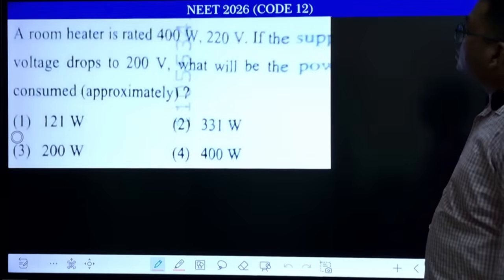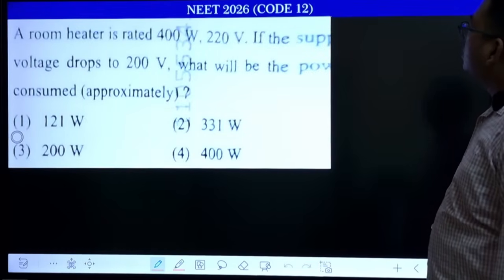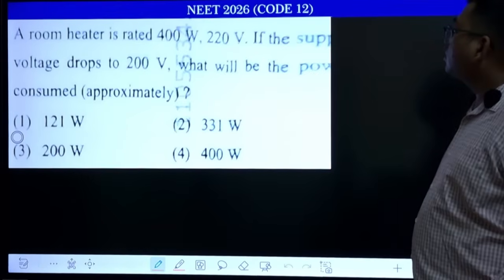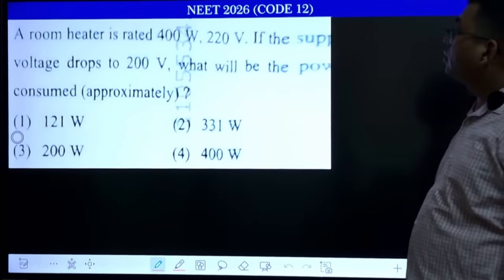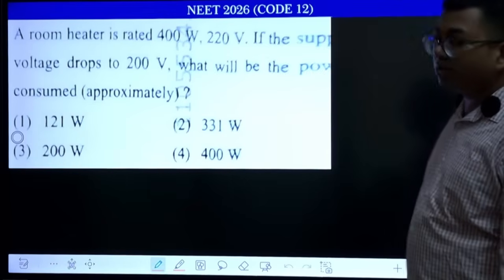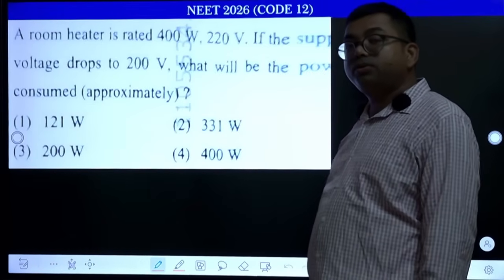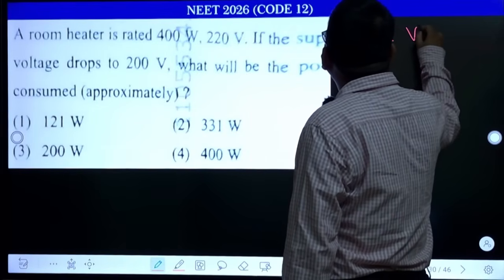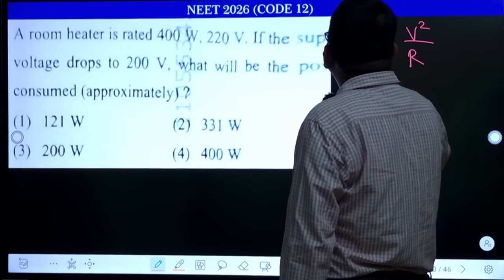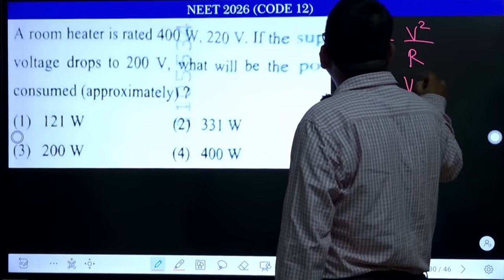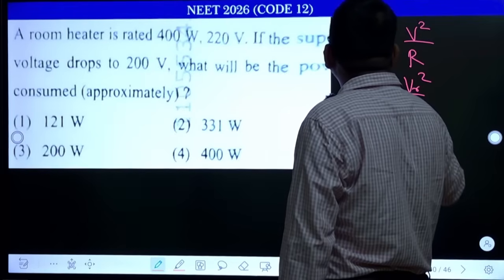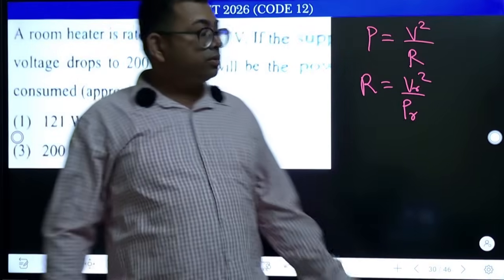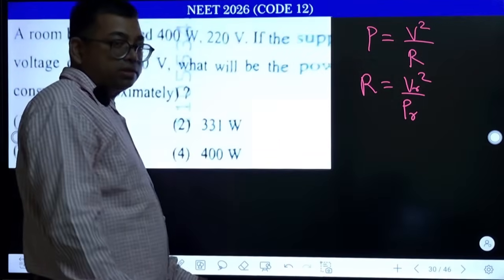A room heater is rated. If the supply voltage drops to 200, what will be the power consumed? Okay. Rated values they have given. So remember, rated values should be used to calculate resistance, because the power formula is V square by R. So resistance will be V square by P. Using the rated values you will calculate resistance.